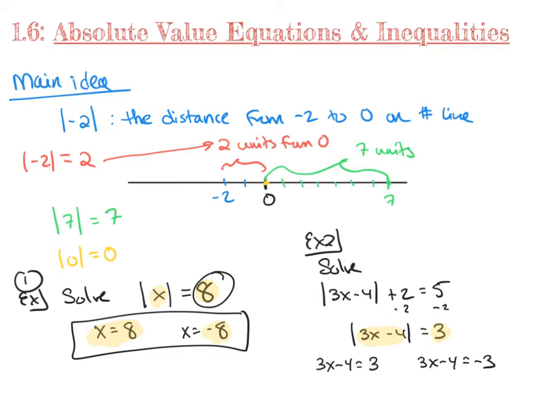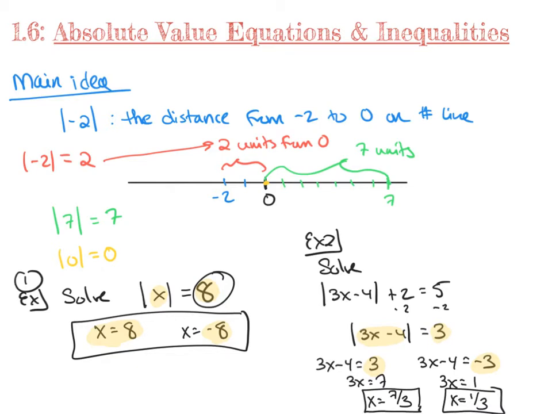Those two numbers on the inside, 3 and -3, when we take their absolute values, will give us a 3. Okay, and now we have two relatively easy equations to solve. Adding 4 to both sides, we have 3x equals 7. So x equals 7/3. And adding 4 to both sides of the other equation, we have 3x equals 1. So x equals 1/3.